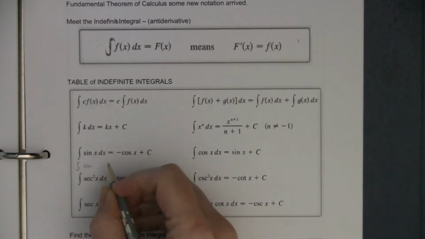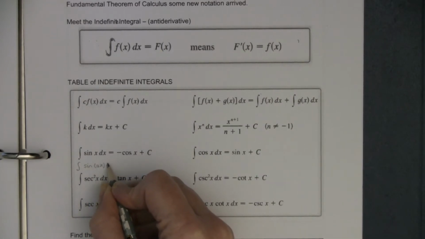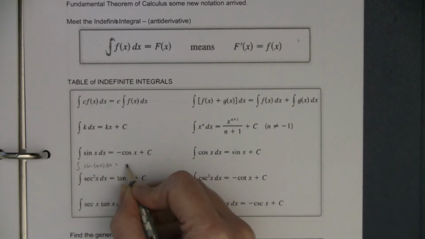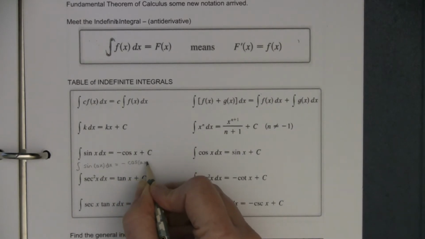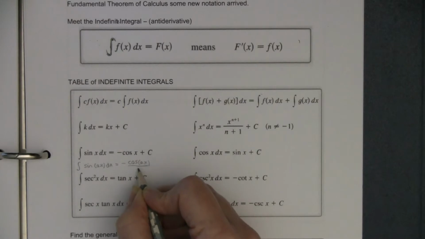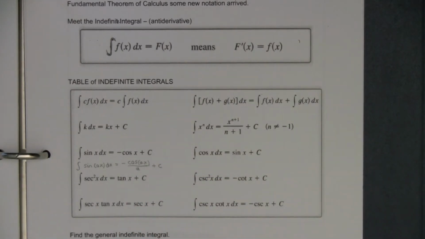The integral of sine of ax, where a is a constant, dx, is equal to negative cosine of ax divided by a plus c. I can verify that that's true by taking the derivative of this and showing you that it's equal to that.